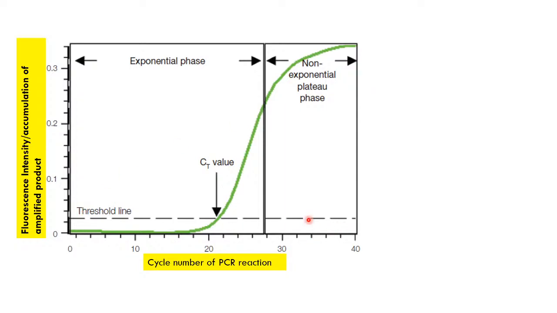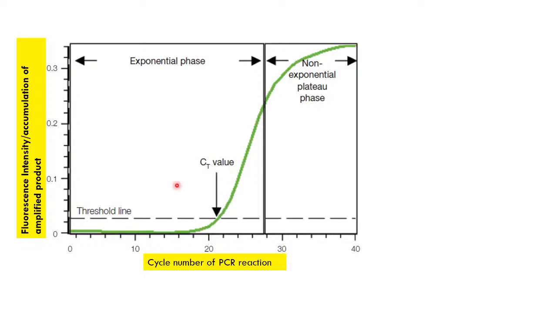Threshold line means this is the value of fluorescence which says that if your PCR reaction gives more fluorescence than this, then it is a significant signal to do calculation. And if the value is less than this threshold line, then the fluorescence is not significant.